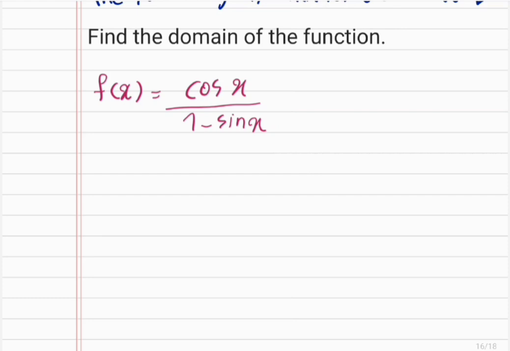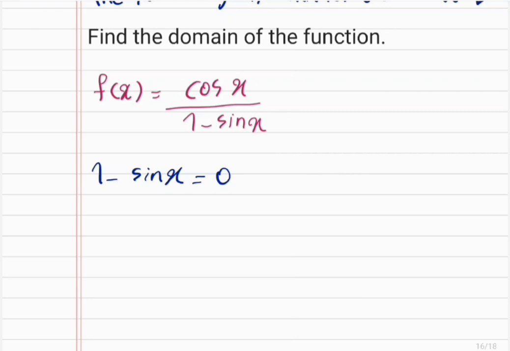Now in this function, the only possibility of making this function undefined is when the denominator is 0, or specifically, the only case that this function is undefined is when 1 minus sine x is equal to 0, right?